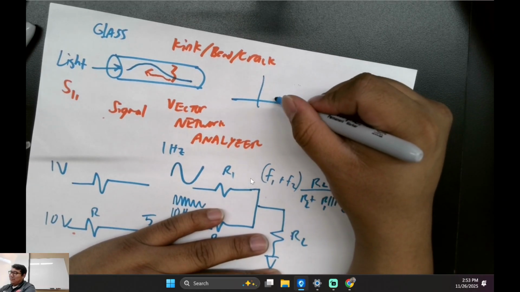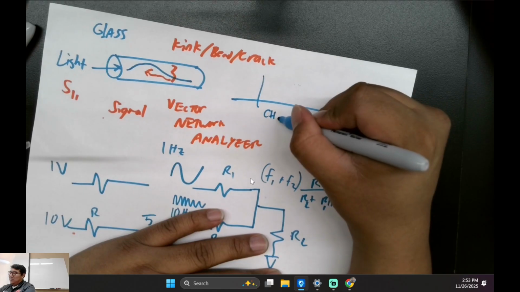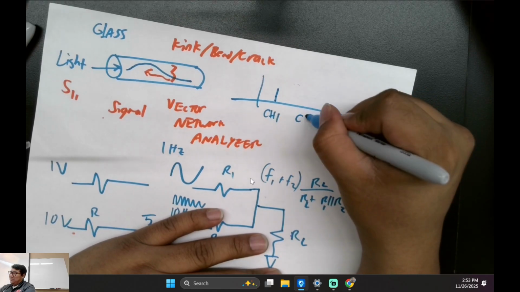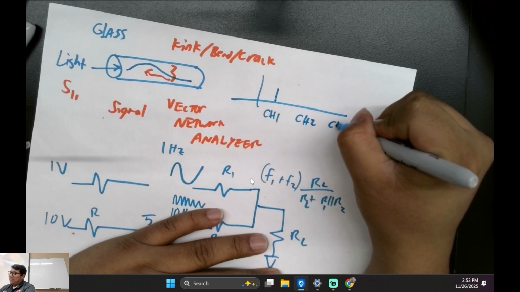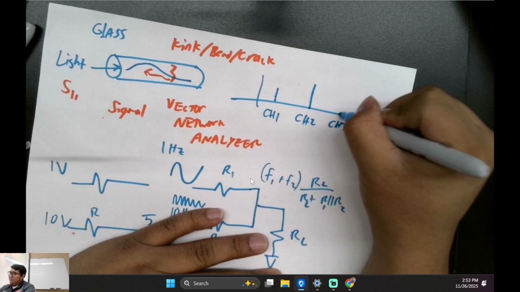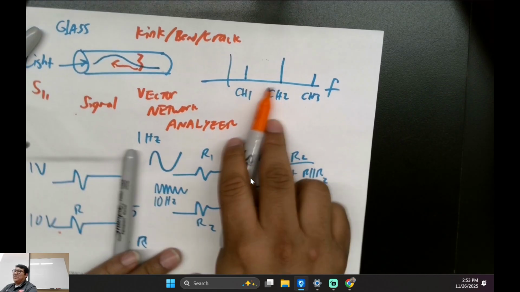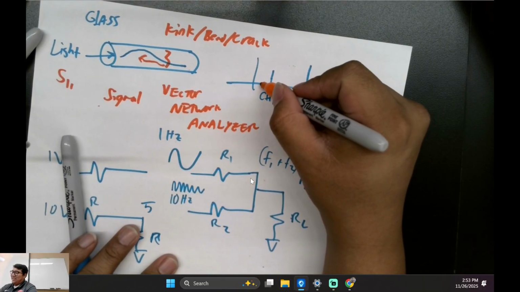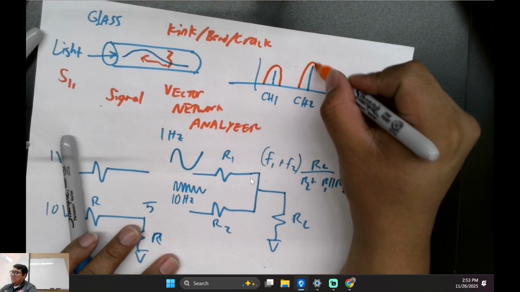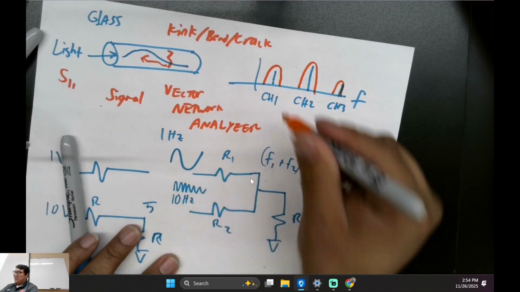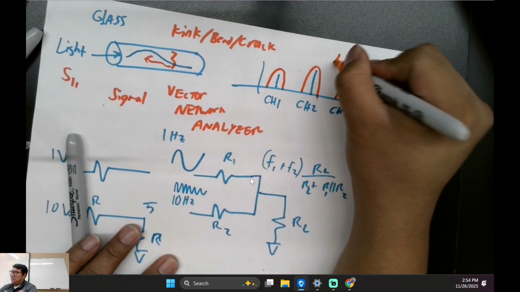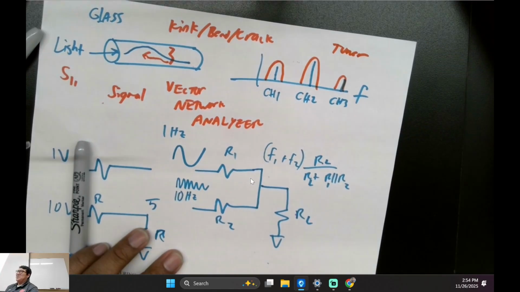You can have channel 1, channel 2, and channel 3, and build these cool little filters: I have 3 channels on one pipe, so I can build filter 1, filter 2, and filter 3, just with a tuner. So that's something you can do too.